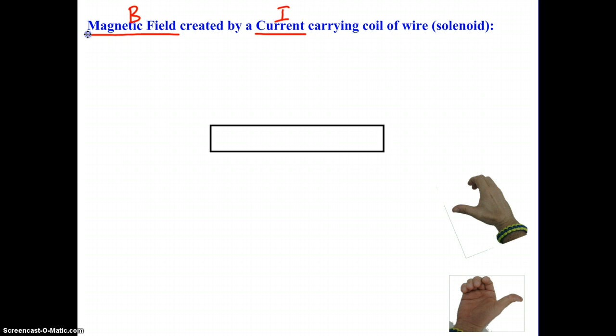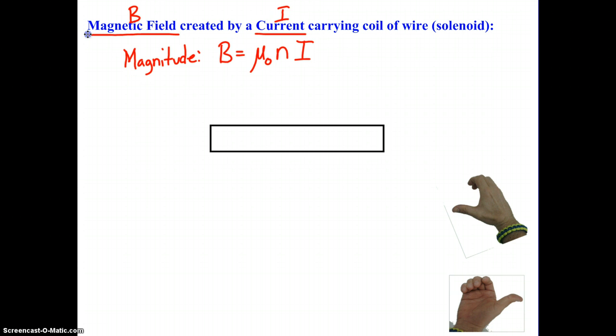The magnitude is simply an equation that we'll get out of the way right now. The strength of the magnetic field depends on the vacuum permittivity constant, mu naught, little n, which we'll define here in a moment, times I. It makes sense that if we increase the amount of current, the strength of the magnetic field increases.